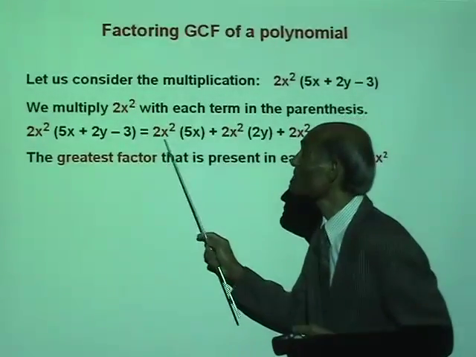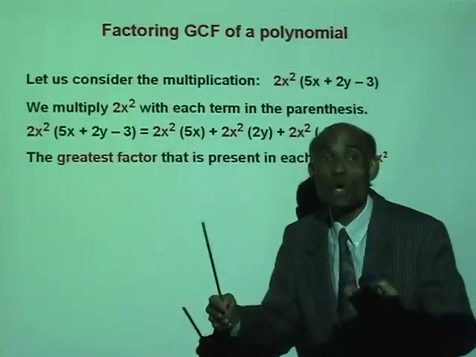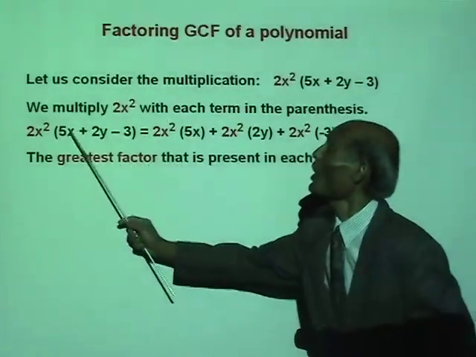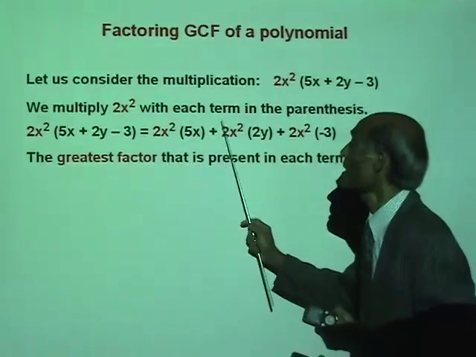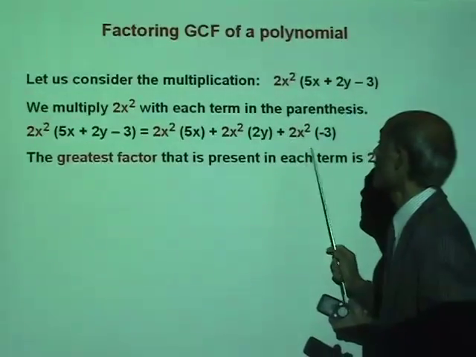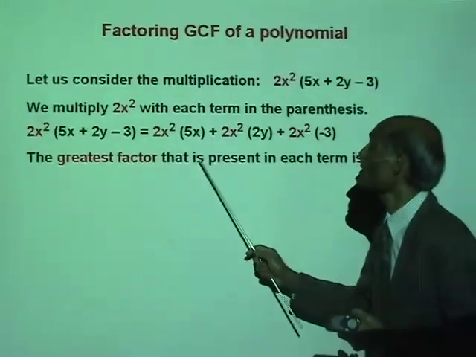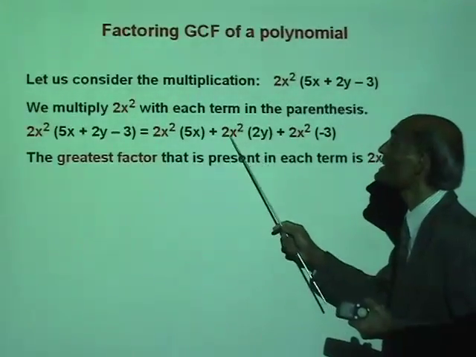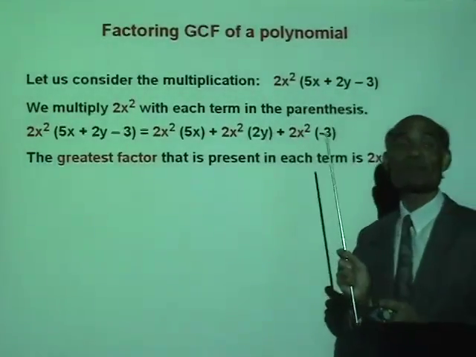Now, this 2x squared, therefore, is called the greatest common factor of these three terms. The greatest common factor that is present in each of these three terms is 2x squared.